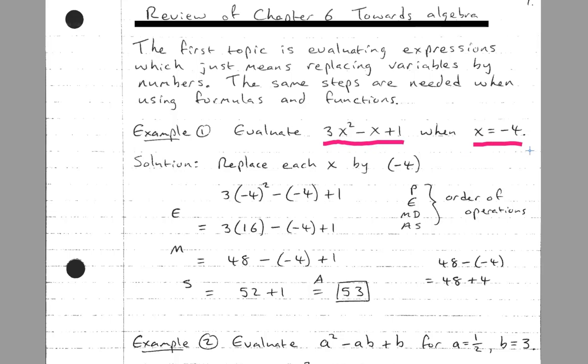But here we're told that it's equal to -4. So we're just going to substitute. So every x gets replaced with a -4. And it's a good idea to use parentheses. I've noticed most of you not using parentheses in the homework, but it's a good idea.